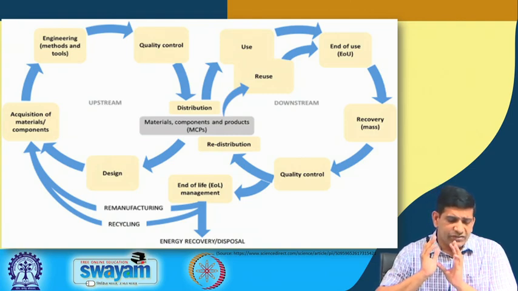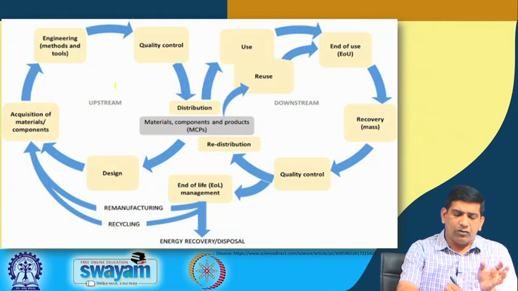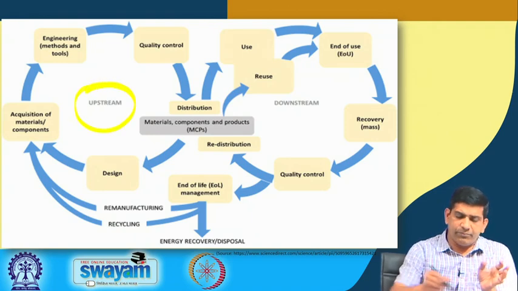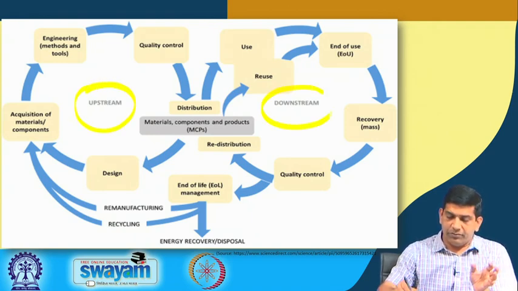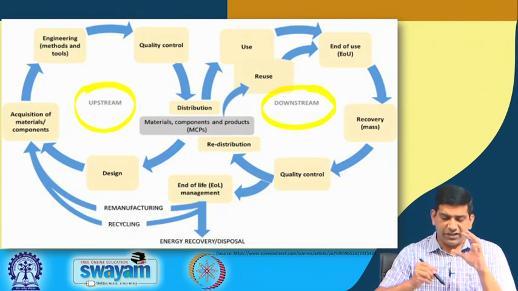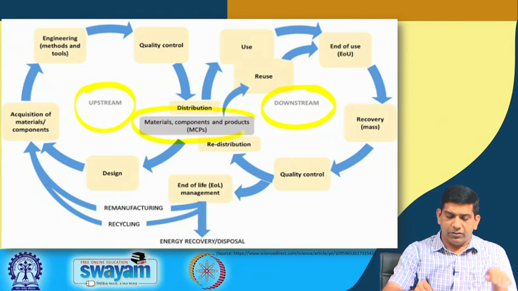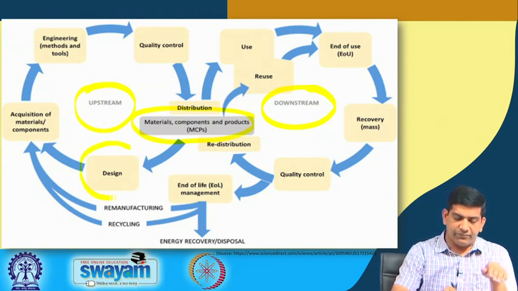In a broad picture we can call the things upstream and downstream. Now, we will talk about what is upstream and what is downstream. Upstream is, say, you have your material, components and products, you design stuff.